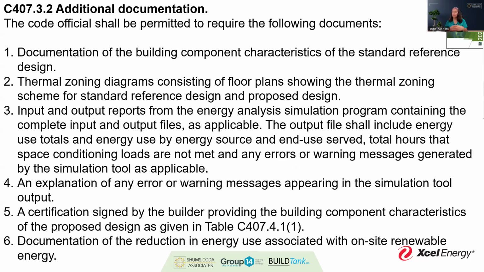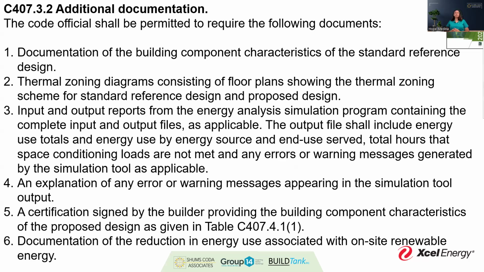So if something popped up, you could ask for that and say, okay, I want you to comply with number 3 for the additional documentation. Give me all that information. An explanation of the error and warning messages appearing in the simulated tool output. A certification signed by the builder providing the building components characteristics of the proposed design that were given in C407.1.